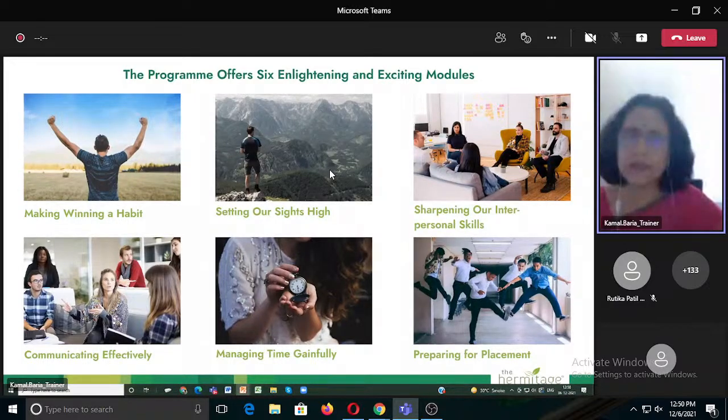A whole host of exercises will clarify how to communicate effectively in the Communicating Effectively module. I feel I'm always punctual. I feel I'm always on time. But that is not managing time gainfully. How productive am I? How every minute of mine can be gainful to me and to my organization. That's what managing time gainfully is going to share with you.